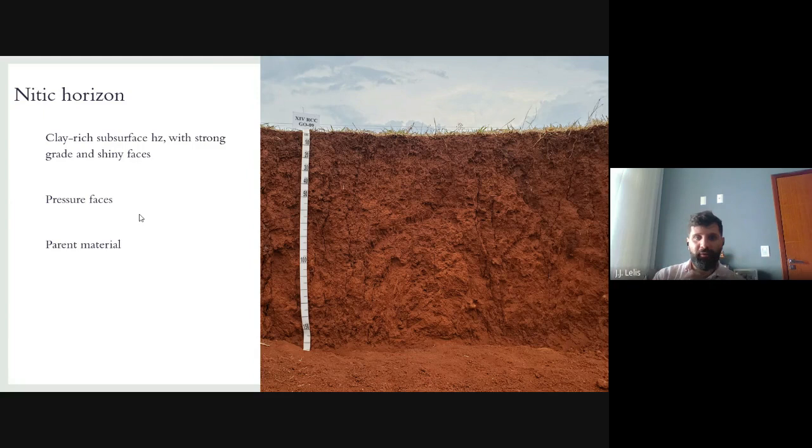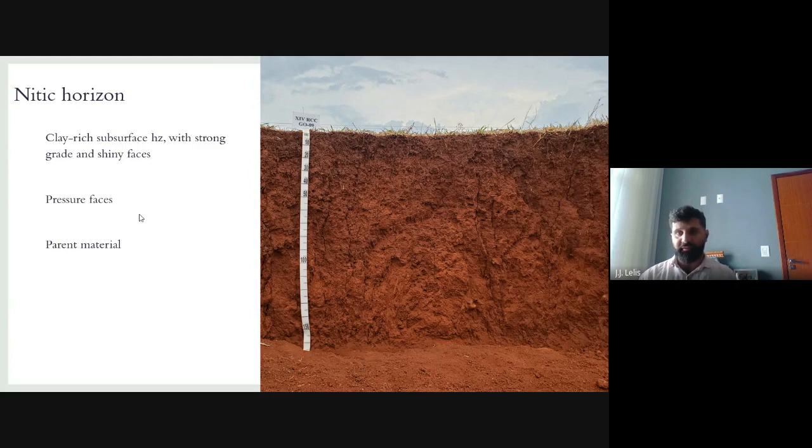They are all aggregates, all forming aggregates. And we can easily see a lot of shiny faces. It's a clayey soil with all the horizons presenting similar texture, and this clay texture helps the formation of a strong grade and at the same time produces shiny faces.